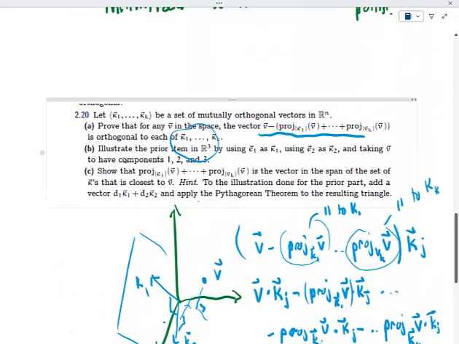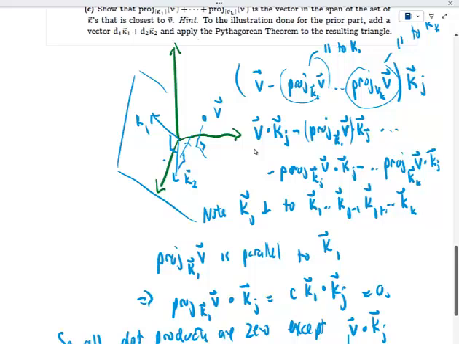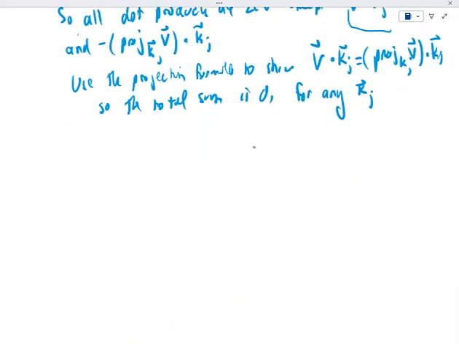All right, and here it says illustrate the item. So that's kind of what this is. So using E1 as K1, E2 as K2, and taking V to have components 1, 2, and 3. So part B, here I have my three-dimensional axes, and this is E1, E2, E3.